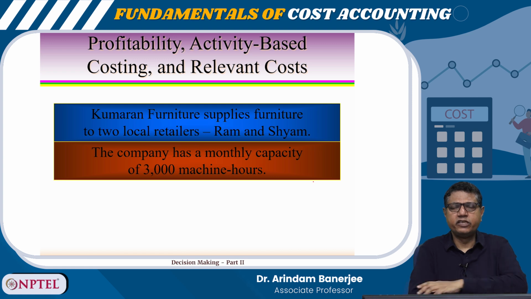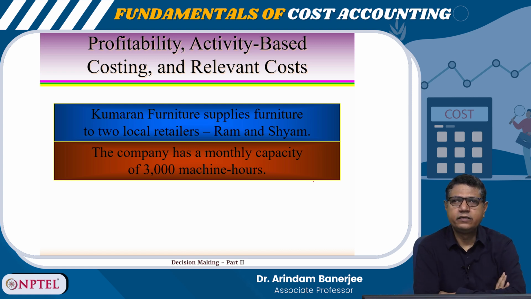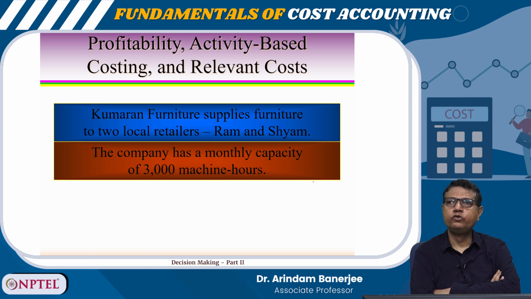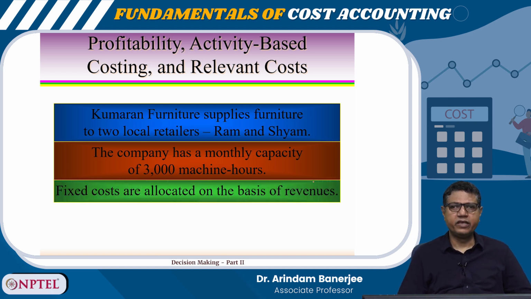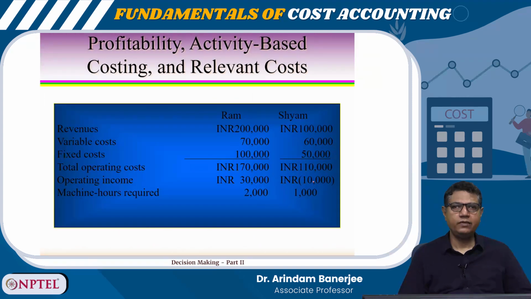There is a furniture shop, right? It supplies furniture to two local retailers, say Ram and Sham, and it has a monthly capacity of 3000 machine hours. Fixed costs are allocated on the basis of revenues. You can see the revenue from these two customers is 2 lakh and 1 lakh.